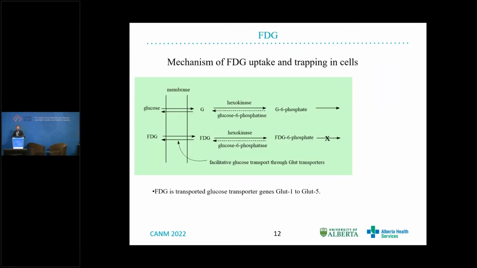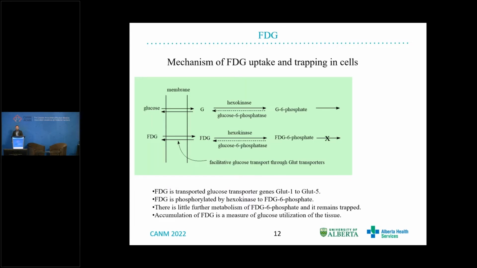So it's transported by the glucose transporter, GLUT1 to 5, and it's phosphorylated by hexokinase to FDG6 phosphate. But there's not really any more metabolism, so that does differ from regular glucose. So it's trapped in the cell, and you get an accumulation of FDG, which is a measure of the glucose utilization of the tissue.